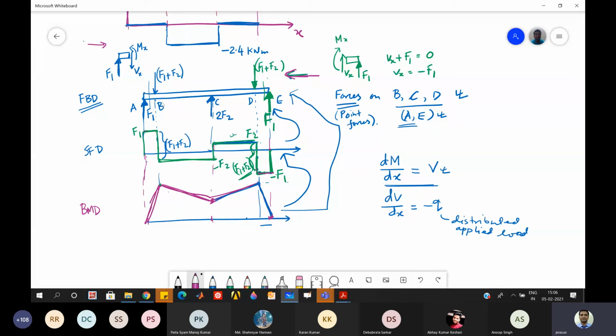So you just subtract whatever the downward force. Sir, going from left to right, it would be somewhat easy, I think. Yeah, so that's why I told you. So both are fine. It is actually a human perspective, I think.